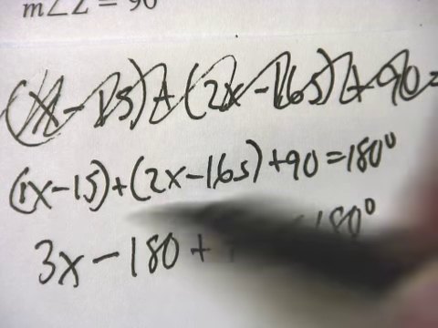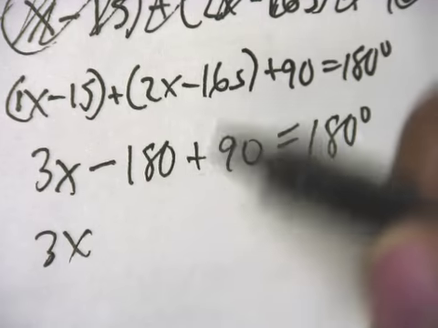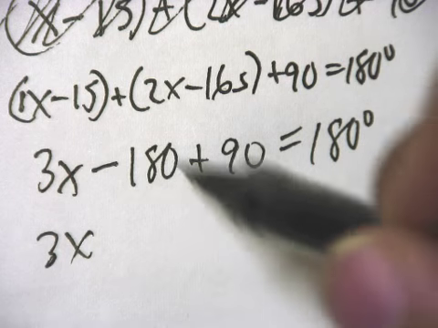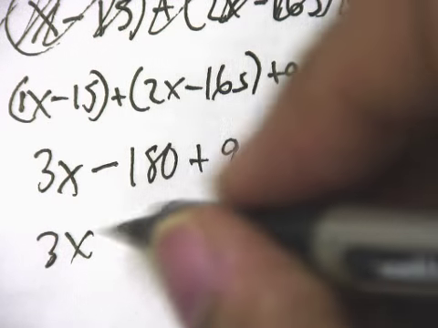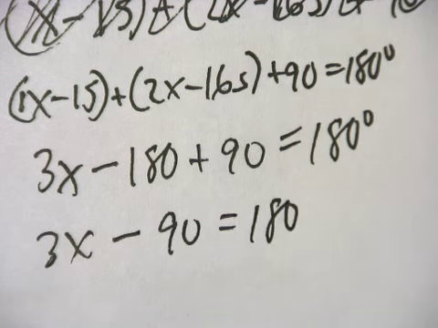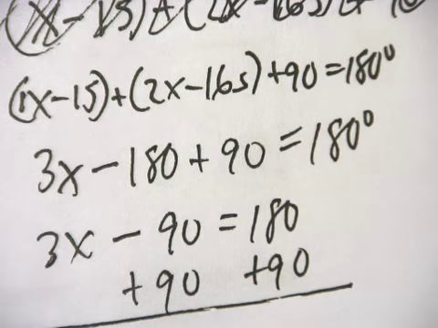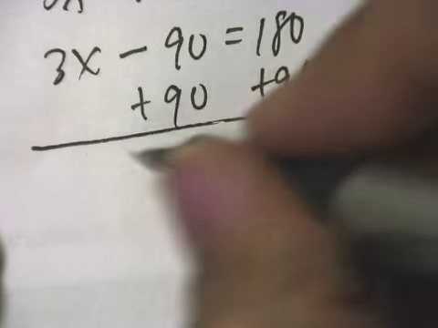These are all negative. 15 bad apples plus 165 bad apples gives me 180 bad apples. So now I'm going to get 3x. My signs are different. Subtract and keep the sign of the bigger number. So it's going to give me negative 90 is equal to 180.